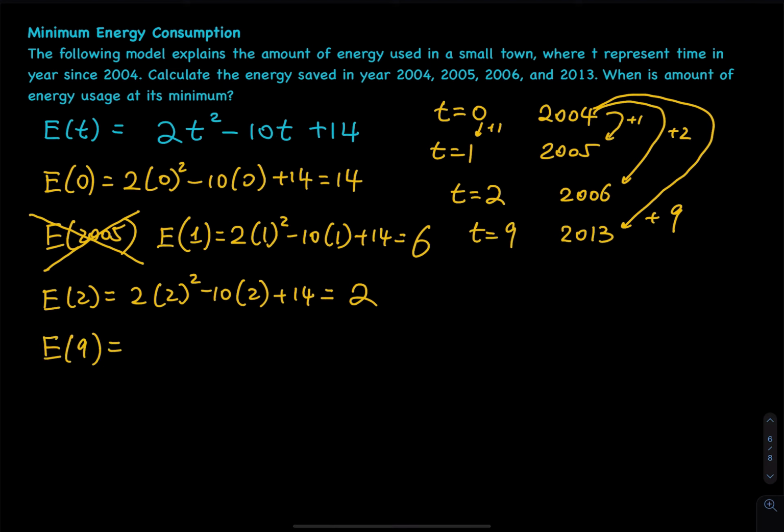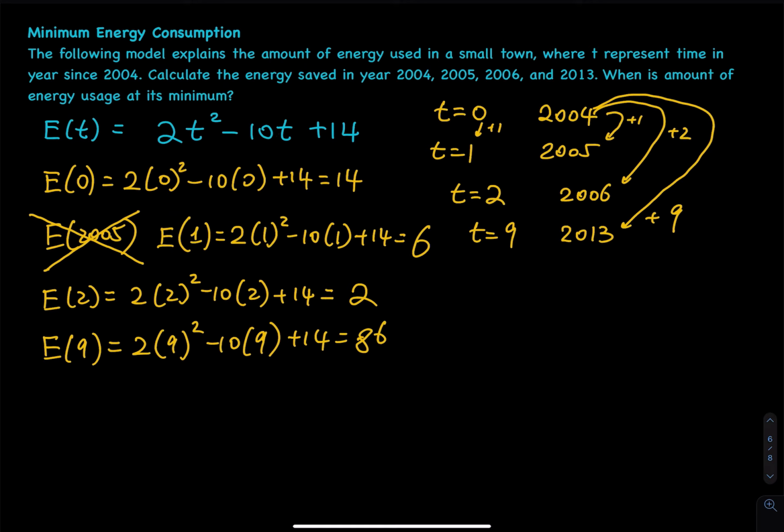That equals 2 times 9 squared minus 10 times 9 plus 14, which equals 86. All right, so that answers all the questions.